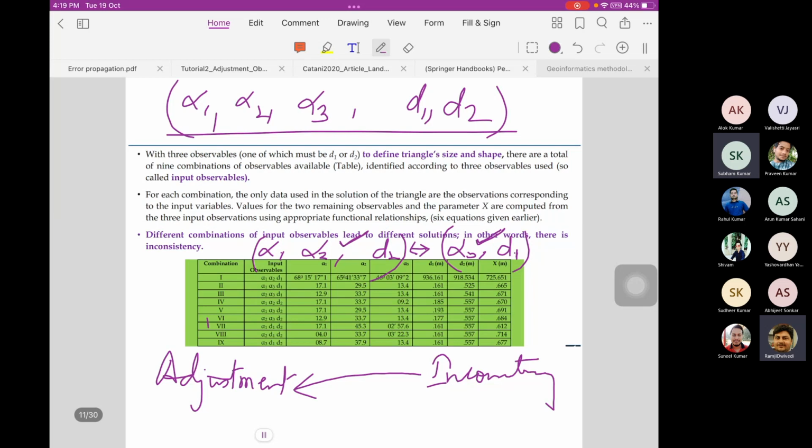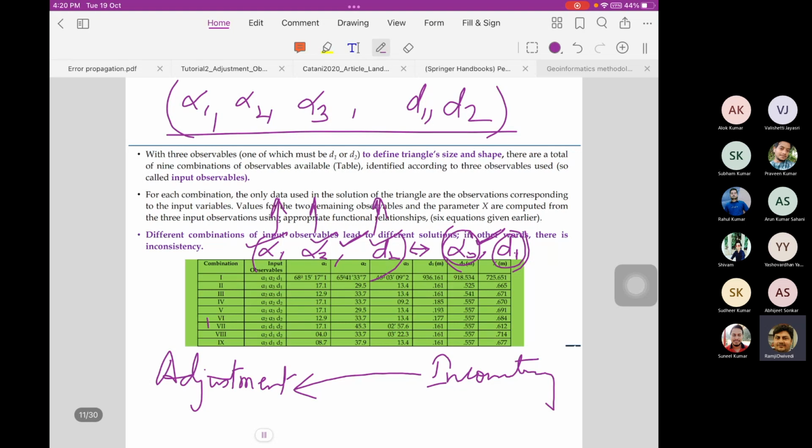So we can provide weight according to the surveyor's experience. You would be giving much larger weight to this. But when you are averaging, you are averaging with poor weights. Why would you do it? If you know alpha 1, alpha 2 and d2 are the very best, then you would never go for averaging.